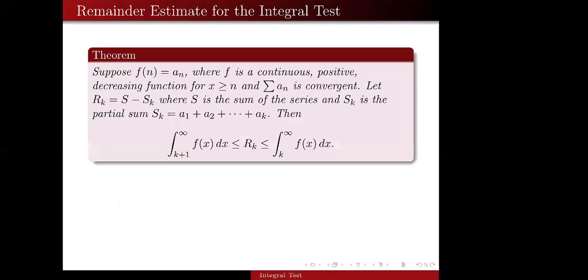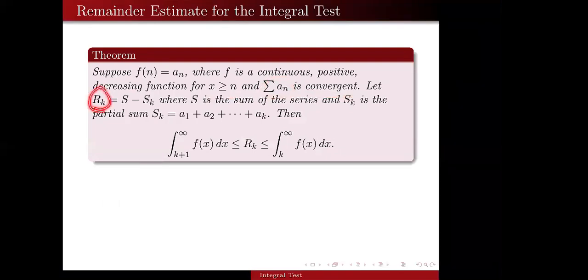To do that, we use this theorem. Suppose f of n equals a n, where f is a continuous positive decreasing function for all x greater than or equal to n. Take note of that. And suppose that your series is convergent.